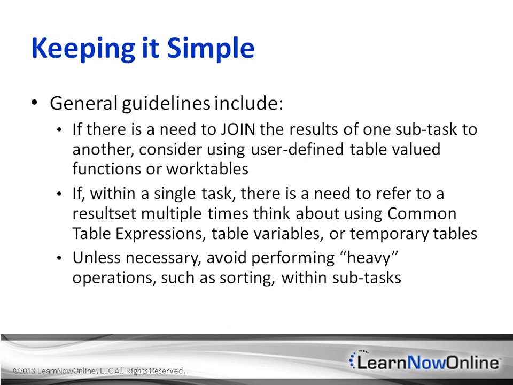And unless it's absolutely necessary, try to avoid performing heavy operations, such as sorting, especially within your subtasks. And whenever possible, try to design for reuse. Let's go over to SQL Server Management Studio and simplify a complex process.